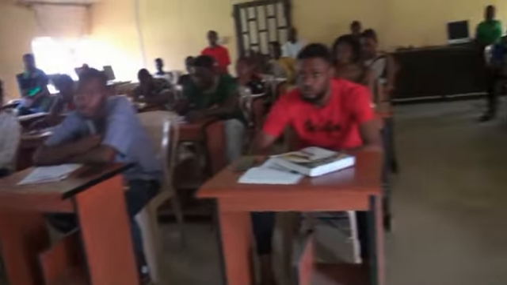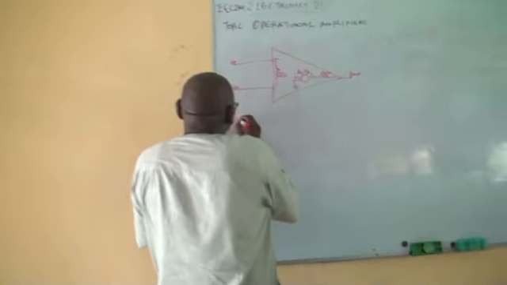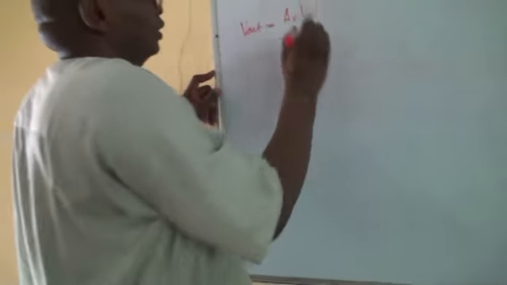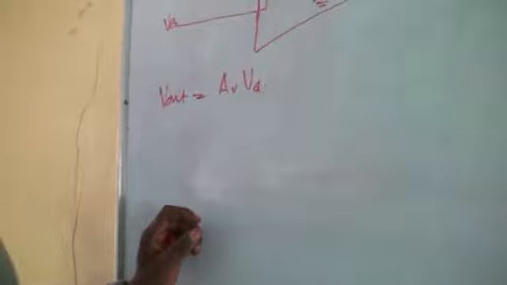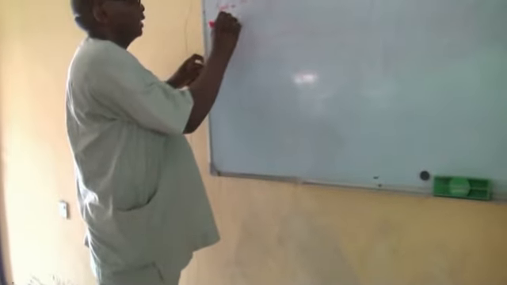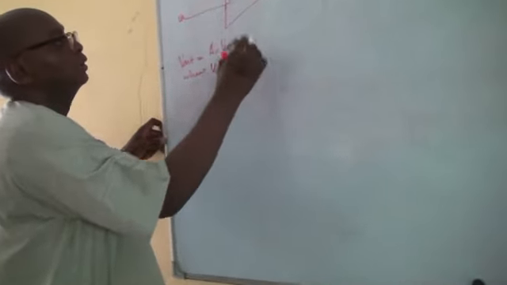And I also told you that the formula for V out, that is output voltage for op-amp, we actually discussed, and I said it is V out equals to AV times VD, and that is the differential voltage, okay? Yes, sir. And I said bluntly that the differential voltage VD equals V1 minus V2.